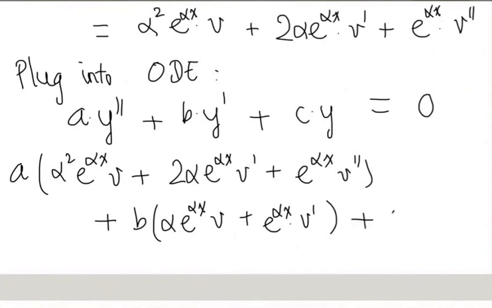And lastly, we have c times y, but y is e to the alpha x times v, equals 0.